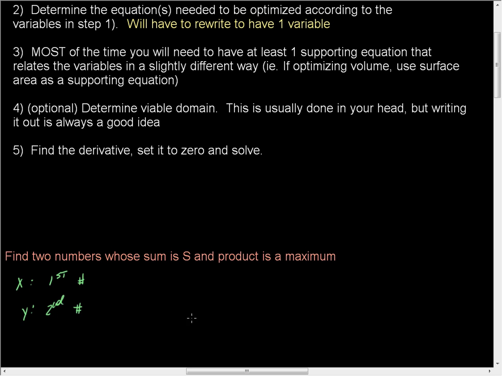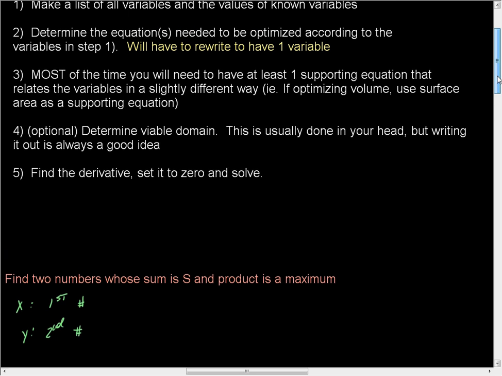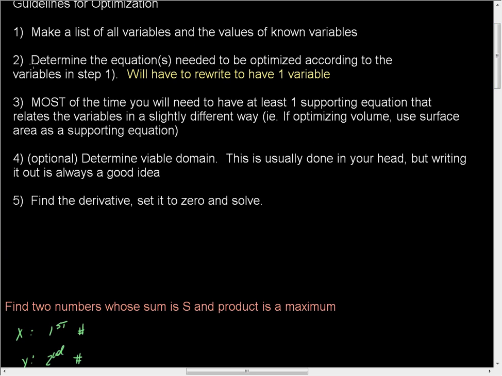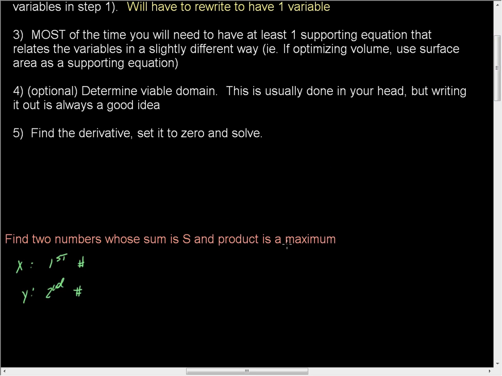Okay, now number two, determine the equations needed to be optimized according to the variables in step one. Okay, so I want to optimize my product. So I want to optimize xy. This is equal to my product. I'm going to call it P.